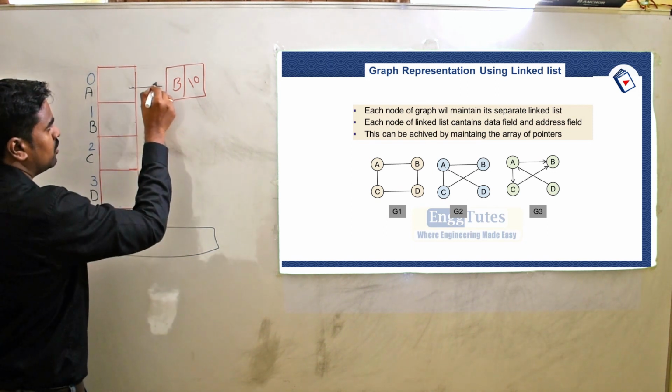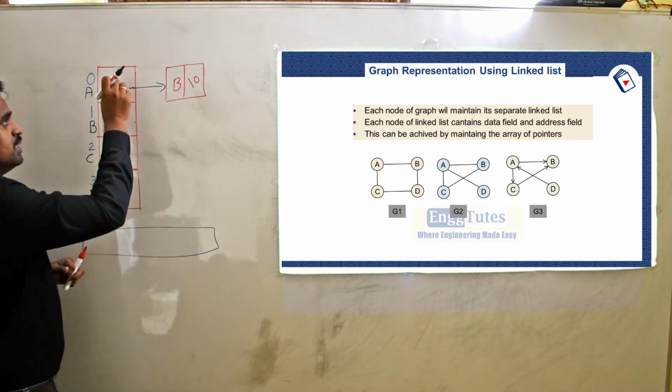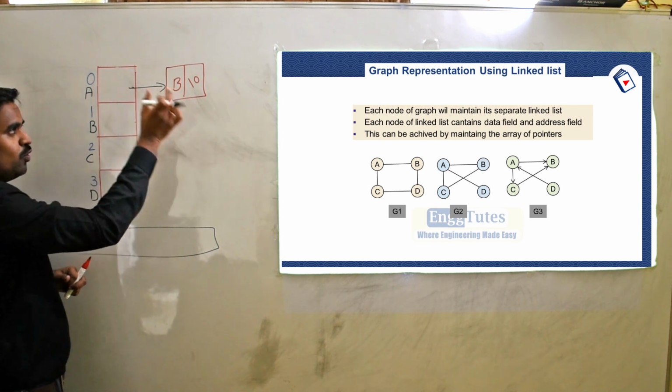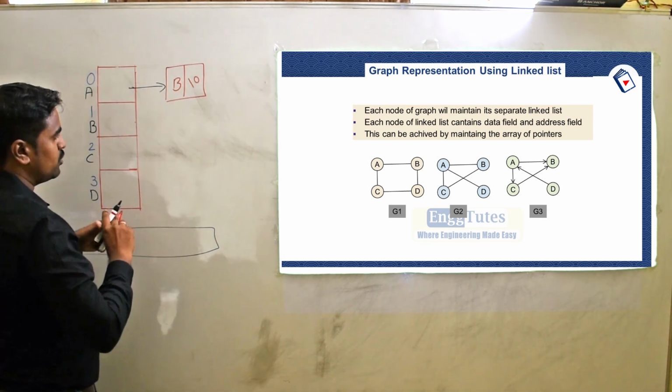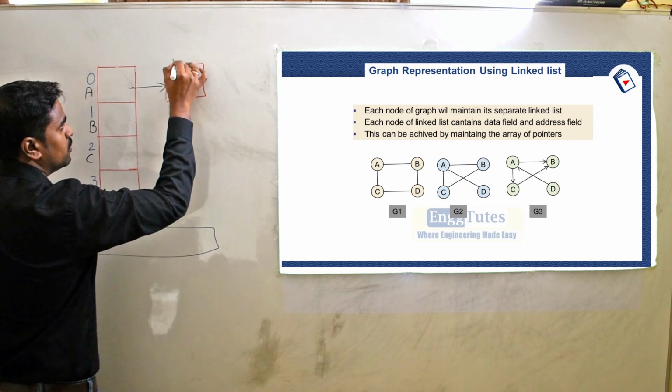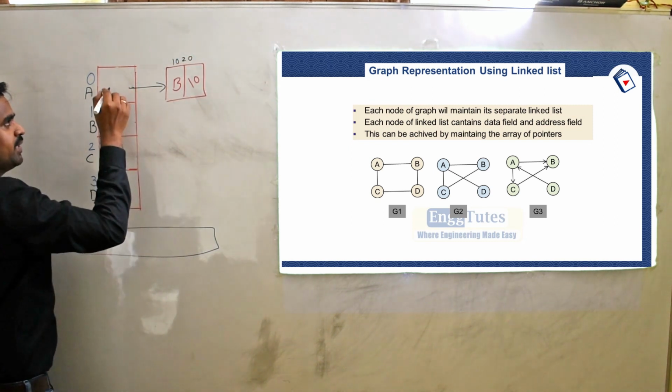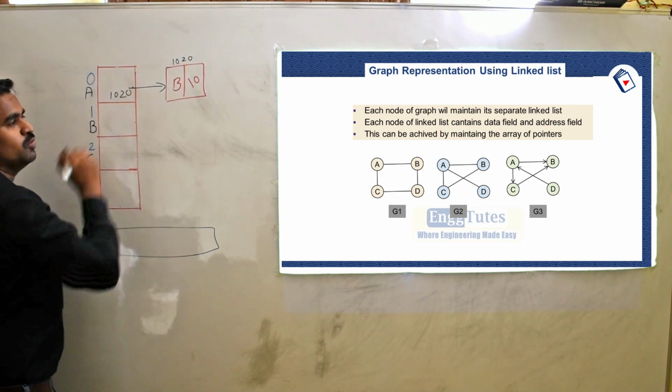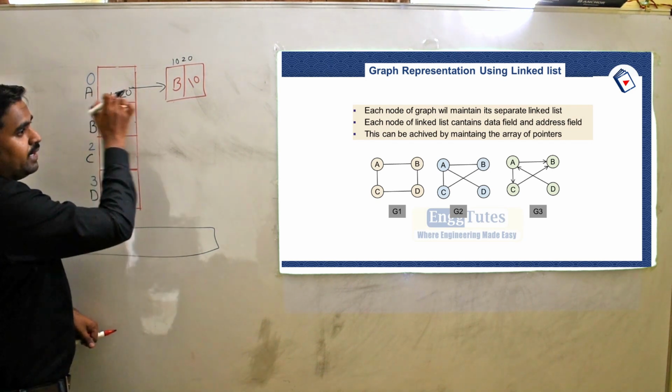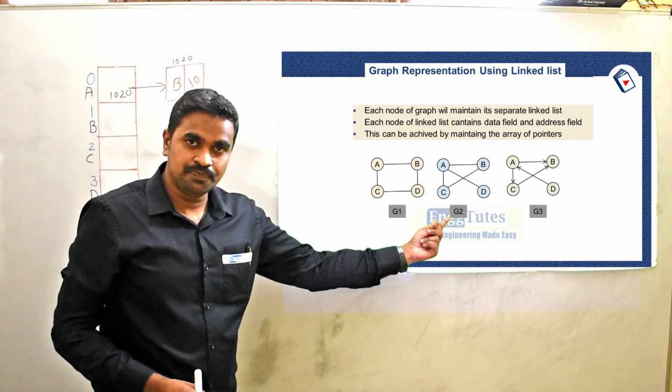So there is a link between this. That means this particular pointer will hold the address of this node. If the address of this node is let's say 1020. Okay, then यहाँ पे क्या आ जाएगा? 1020. Done. Again this A is connected to C also.